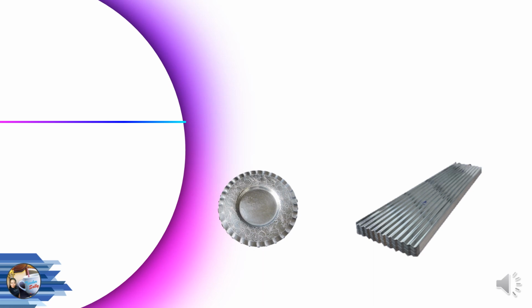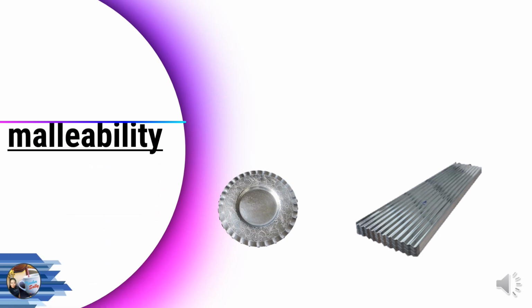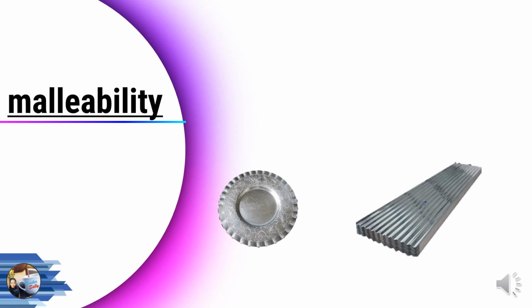Aside from being hard, metal can also be malleable. This property, malleability, is the quality of something that can be shaped into something else without breaking by means of beating with a hammer or by pressure of rollers.